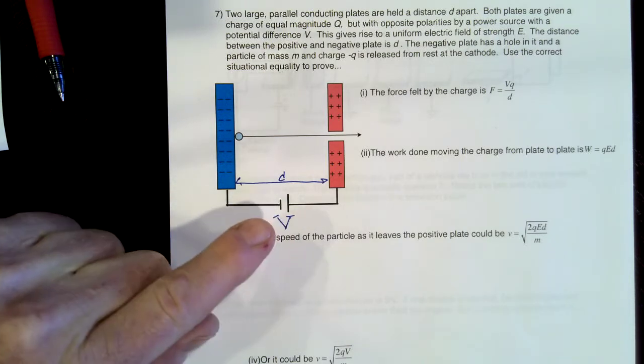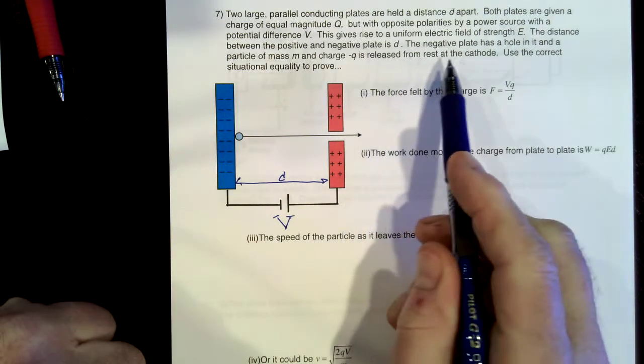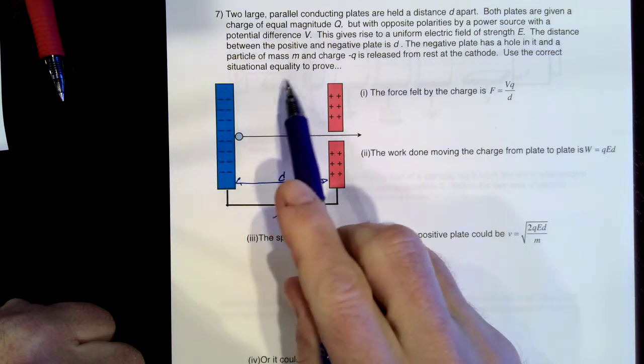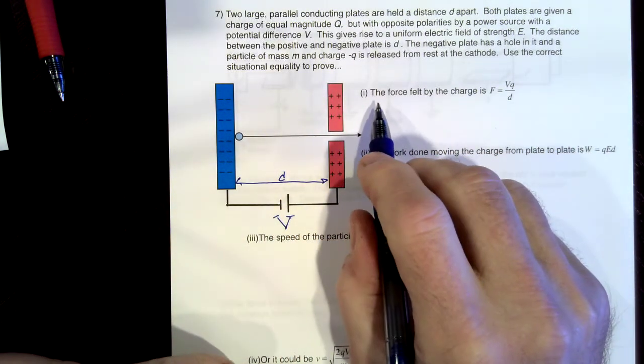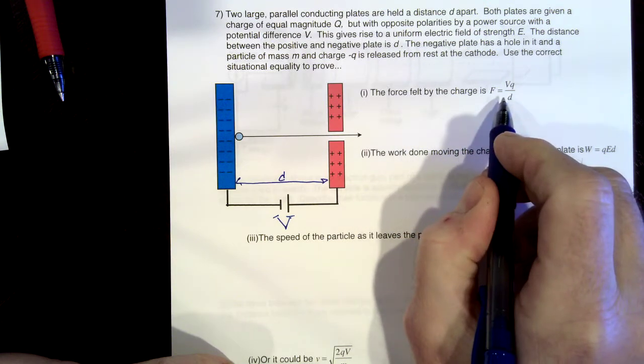So I've got a particle of mass m, charged negative q, released from rest at the cathode. Use the correct situational equality to prove. The force felt by the charge is that.